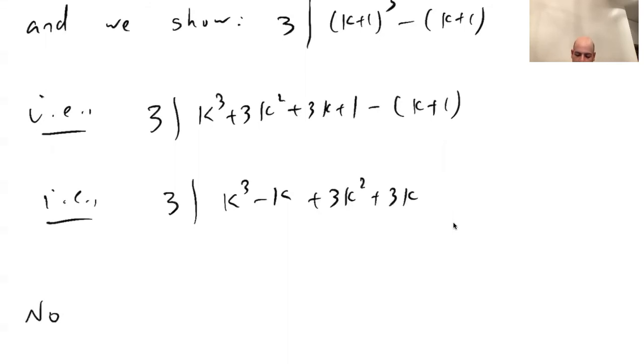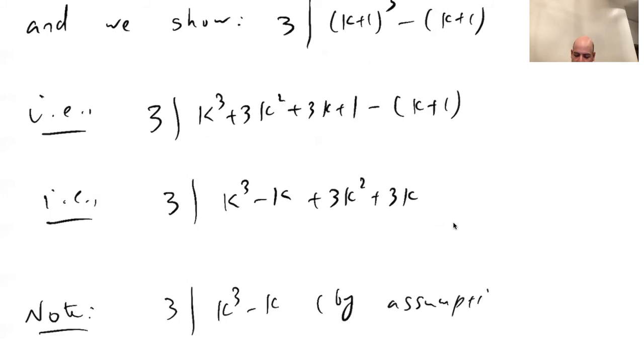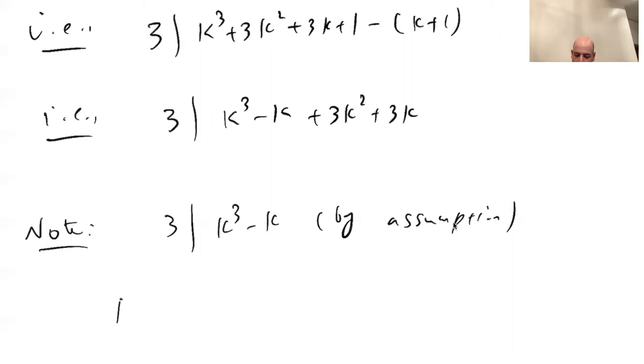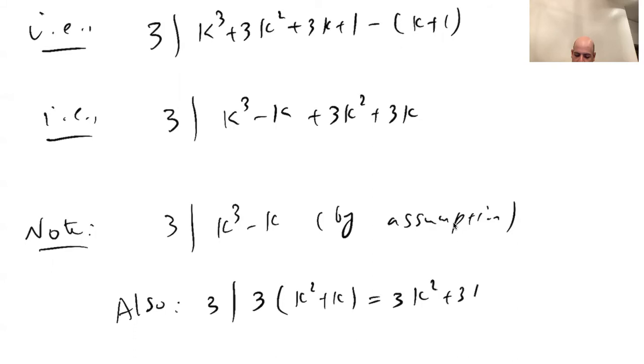So now note that first of all, 3 divides k cubed minus k by assumption. Also, 3 divides 3 times (k squared plus k), which is the same as 3k squared plus 3k, right?